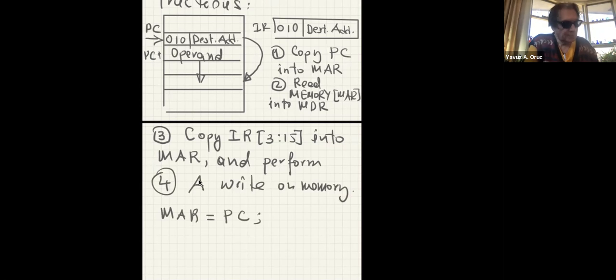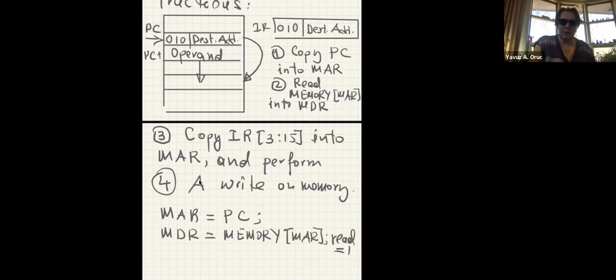And then MDR is equal to memory MAR. And then we say read equals 1, meaning request a read.